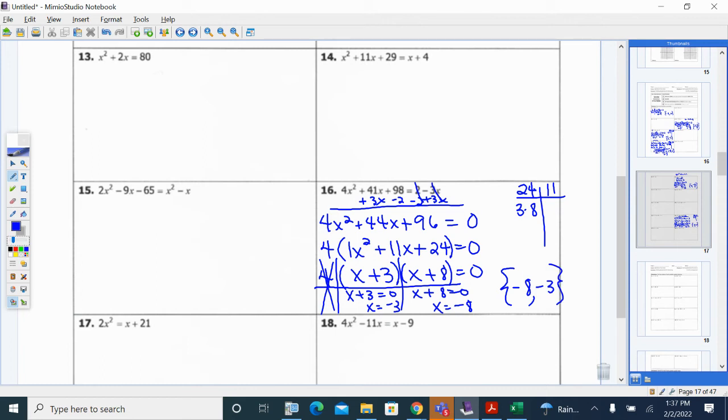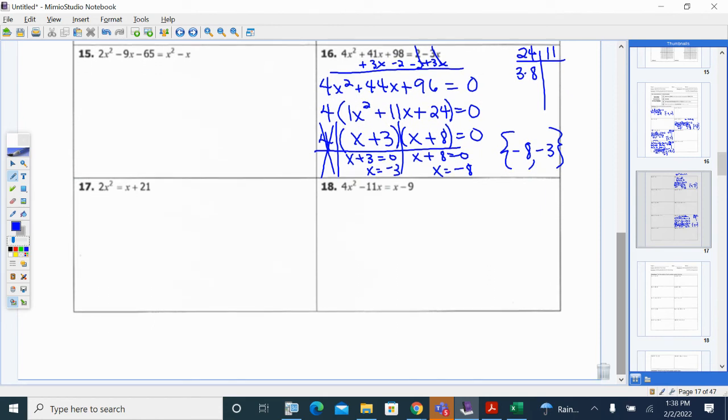The last one that I want to look at is number 18. On number 18, I'm going to get the 0 on the right side by subtracting the x from the negative 11x, minus x will be negative 12x, and add the 9.